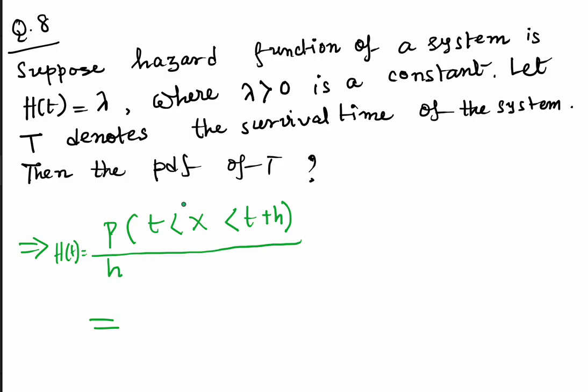What is the probability that X is less than t plus h, given that X is already greater than t? That means we have to calculate that.